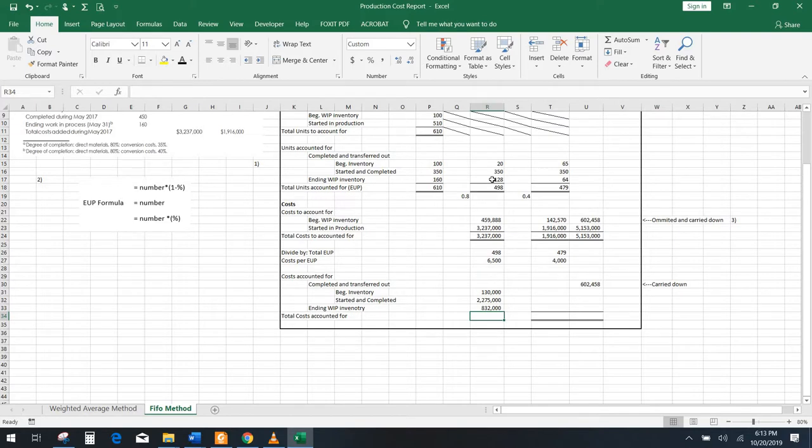And this is equal to those numbers added together. Here we do the same thing using these EUP numbers, total EUP, cost per EUP multiplied by the EUP in the beginning inventory.